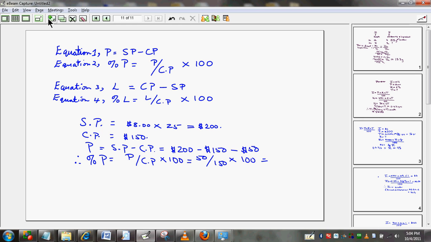When you work that out, you get a profit of 33.33%. Notice I didn't round it off to 0.333 or anything like that. I kept the fraction, because the fraction would give the actual totally correct answer. What we just worked out was the answer for part A.